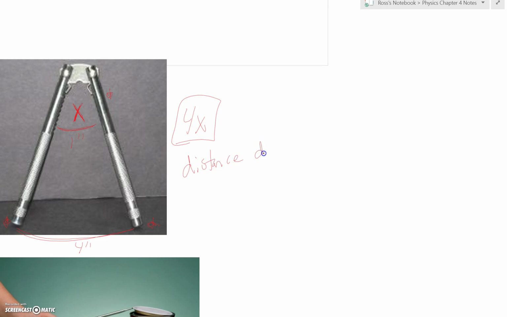Distance differs by 4 times. So theoretically, the force will differ by 4 times. A little bit of that will be lost to friction, so it'll be more like 3.9 times that the force will differ by.